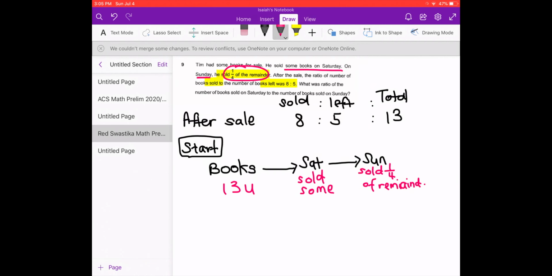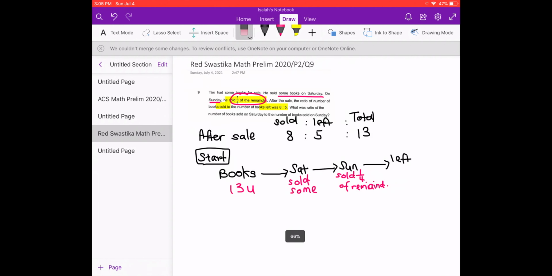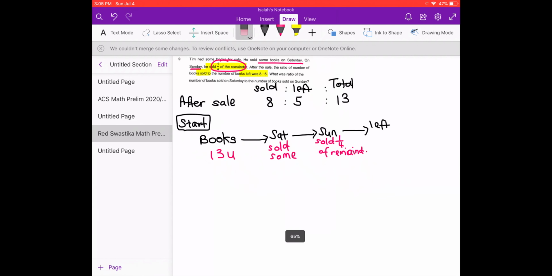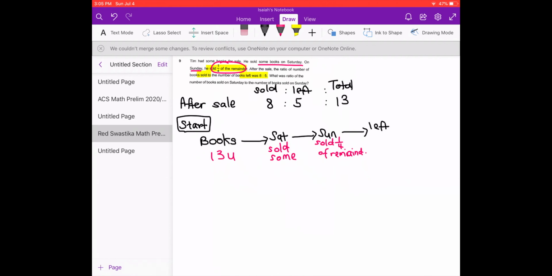And finally, that's all he sold. The rest that's left unsold will be left over. So the rest of the books that were not sold will be left.